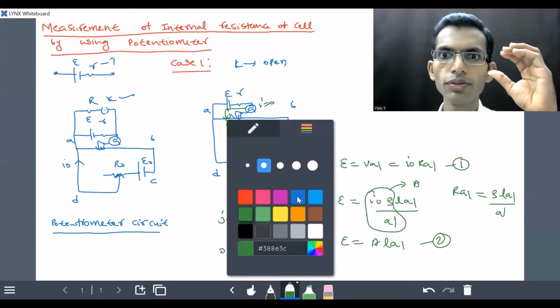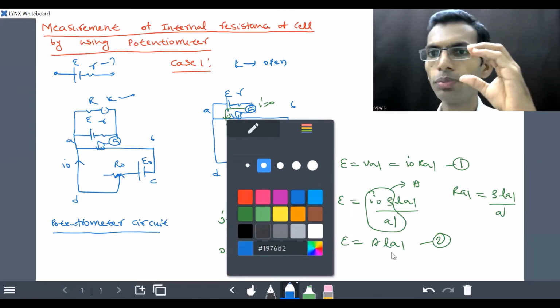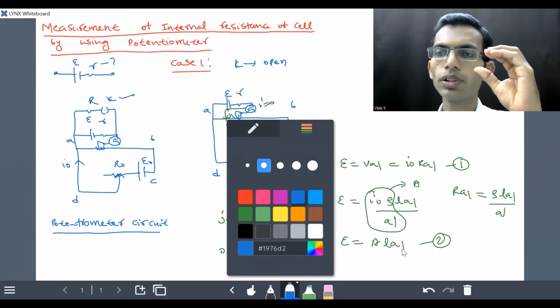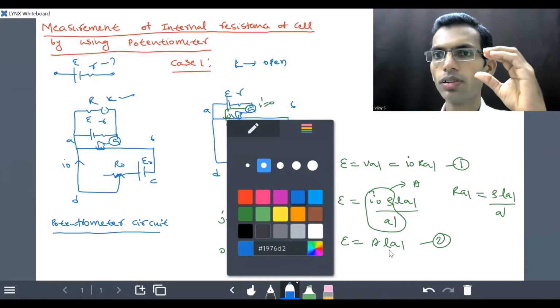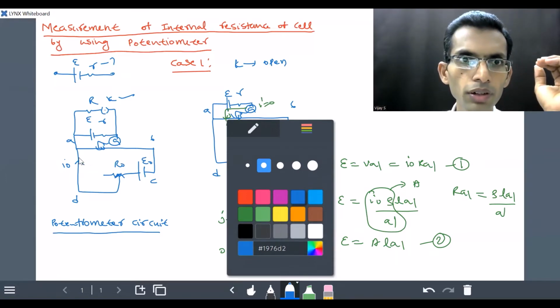Here you can see EMF is depending upon the length of the wire between junction and moving contact position 1, for which galvanometer shows zero deflection. This is measured with the help of a scale which is kept below wire AB, like this.